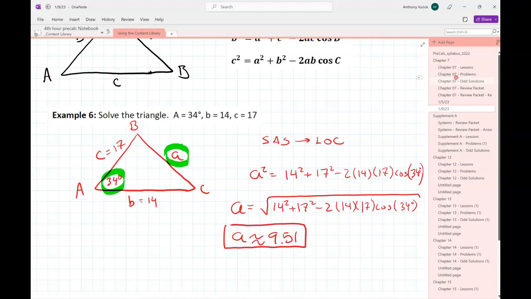So now I need to find angle B and angle C. Those are the two remaining unknowns. Do you think it matters which one I find next? It does. Why?